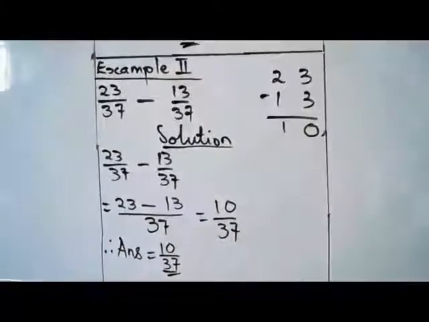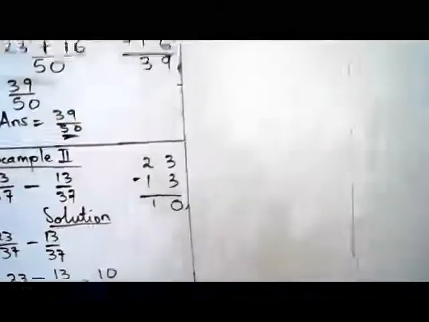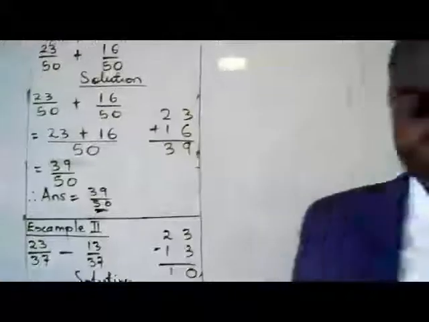Now, remember I told us we're about to look at something slightly different from what we have here. This time around, we want to look at examples, just in case you're given work that has to do with fractions whereby you have to reduce them to a smaller fraction. How do you go about it? Let's look at some examples on that.